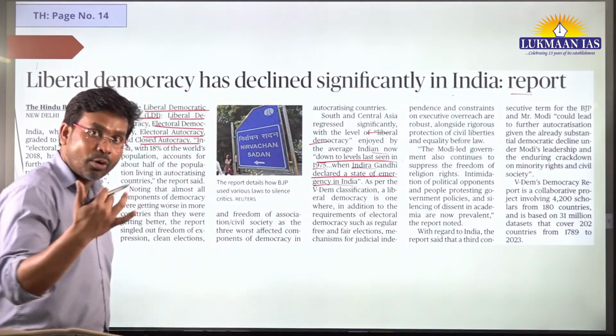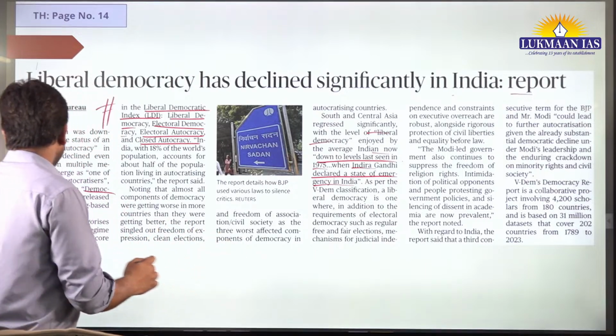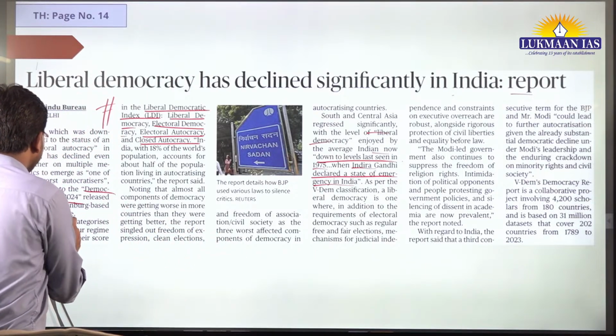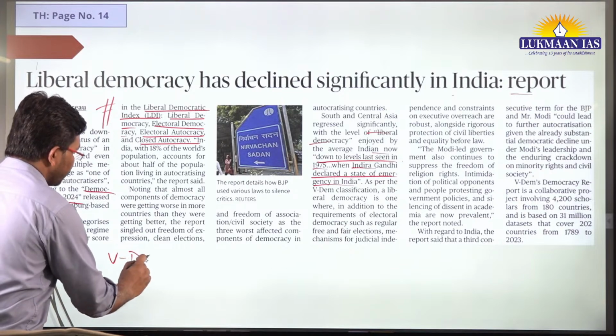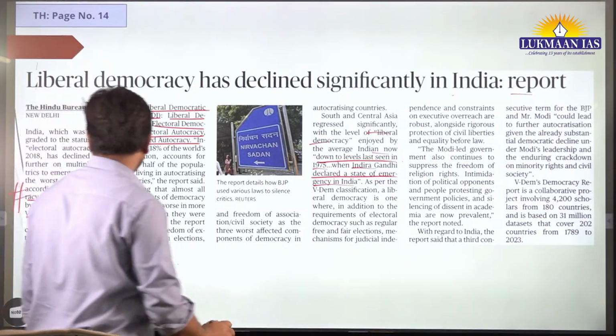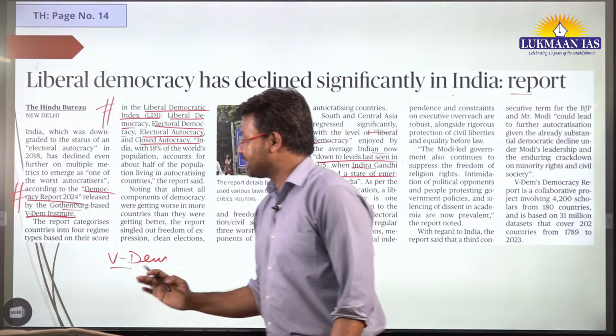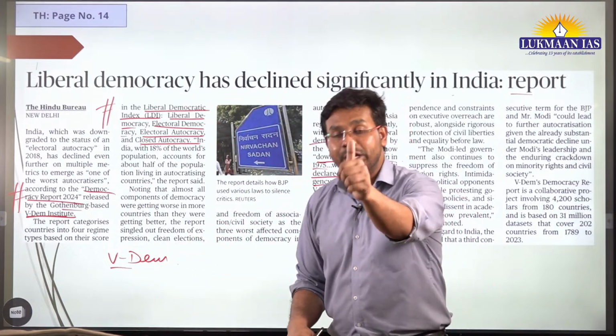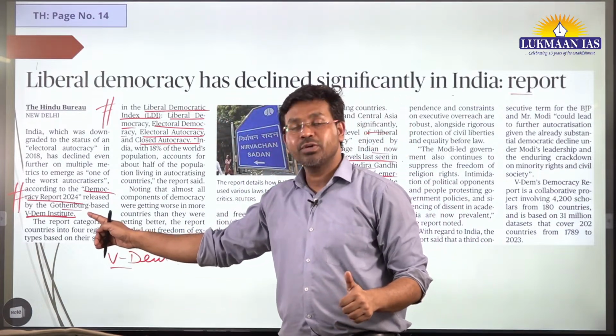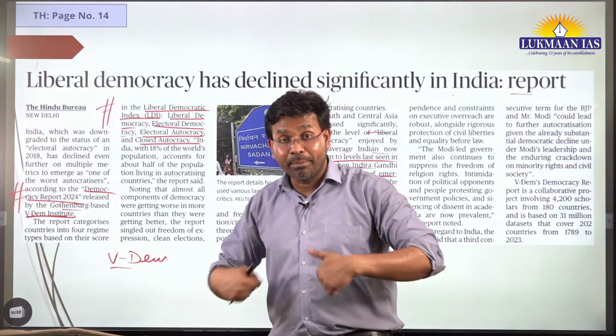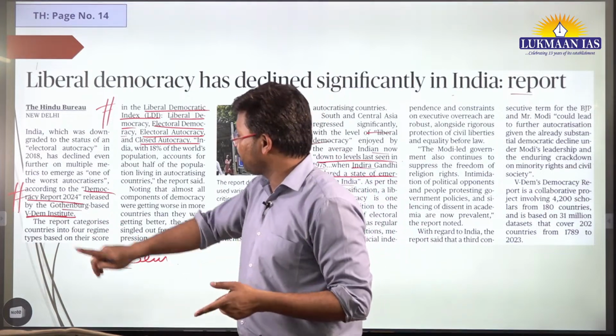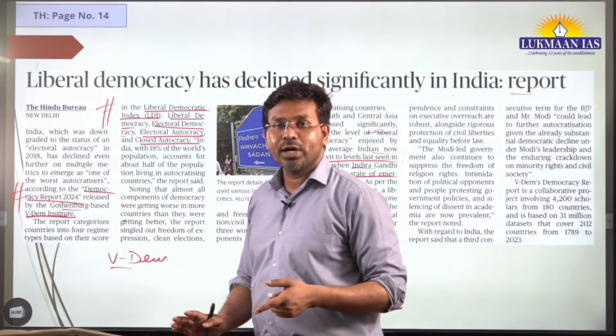This democracy index is published by an institute known as the V-Dem Institute. It is a Gothenburg based institute. You need to remember the name of the organization, V-Dem Institute, that publishes this report. What is the name of this report? Democracy Report 2024.